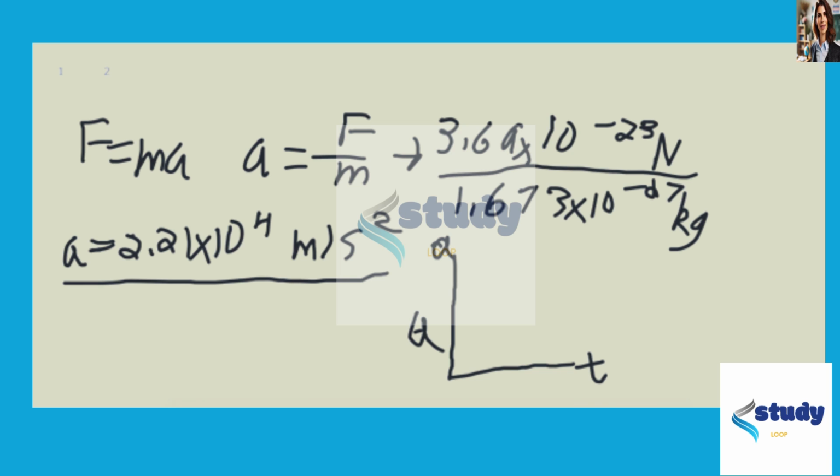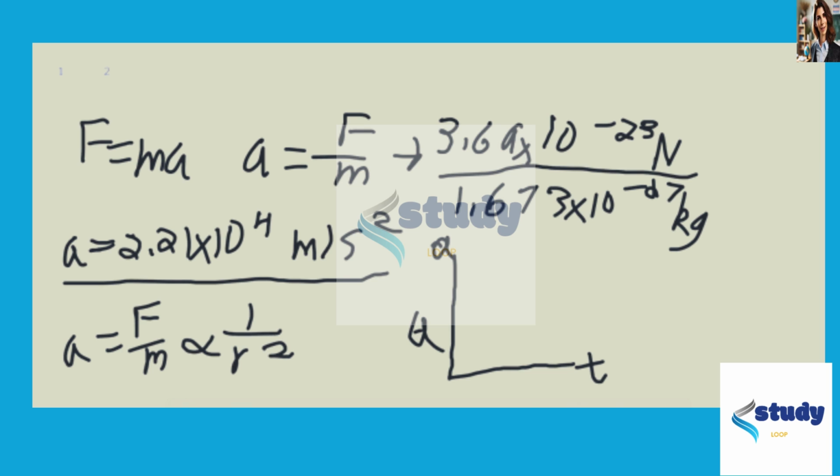And we have this relationship, a equals F over m. So we can relate those two: a equals F over m is proportional to 1 over R squared.